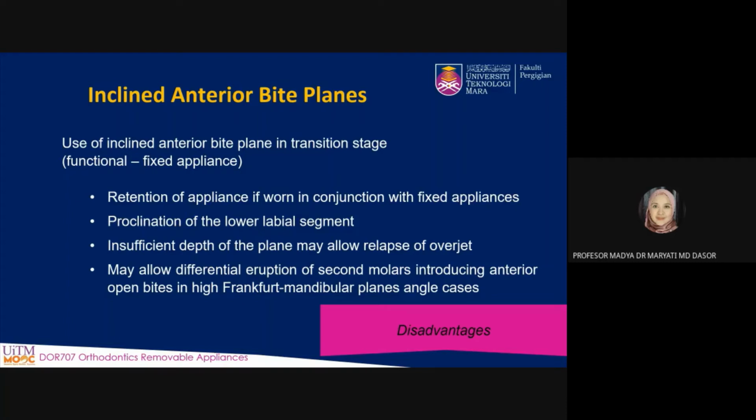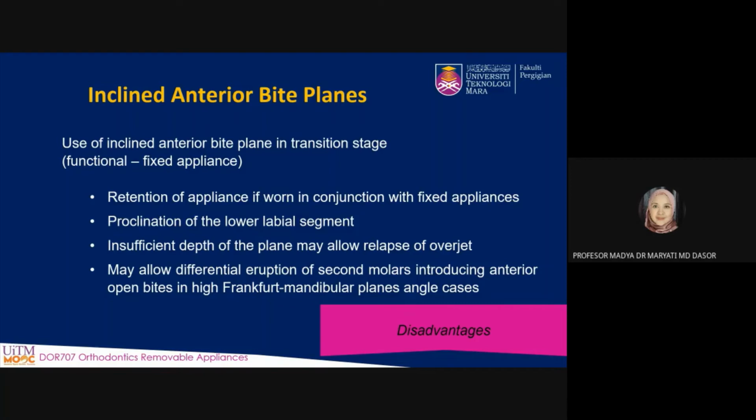Another reason is that the anterior biplane may result in proclination of the lower labial segment. Careful attention has to be paid when the clinician issues an inclined anterior biplane to the patient.